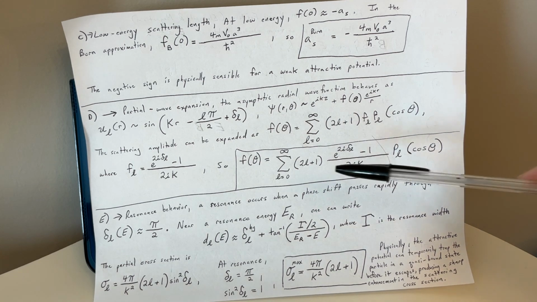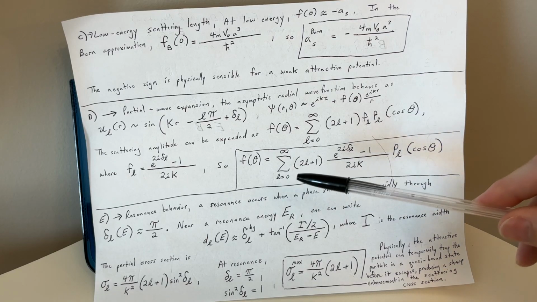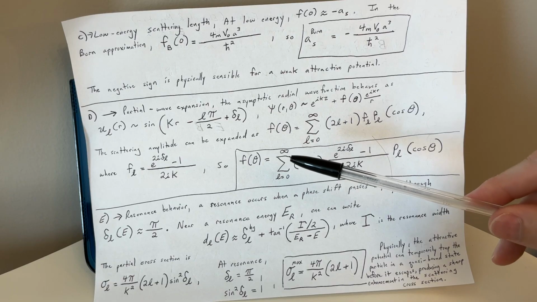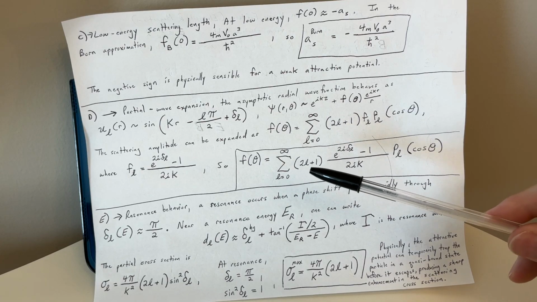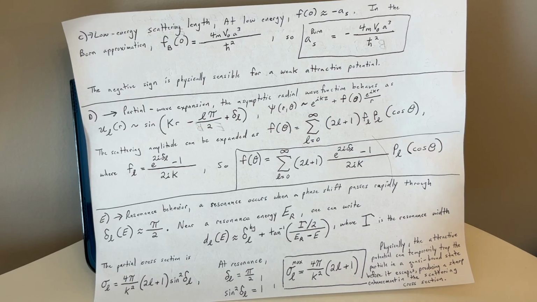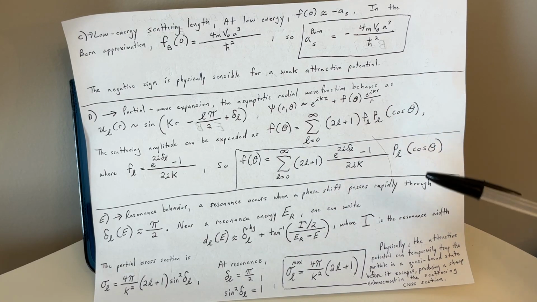So we're going to wind up with the following: f of theta equals this sum L equals 0 to infinity of 2L plus 1 times e to the 2i delta sub L minus 1 over 2ik, P sub L cosine of theta.